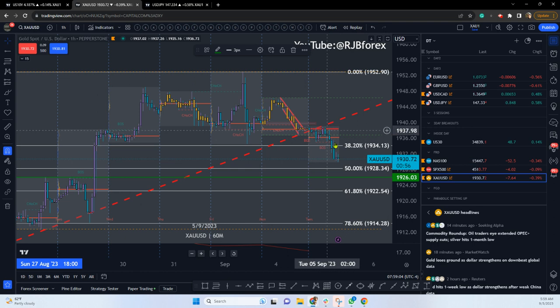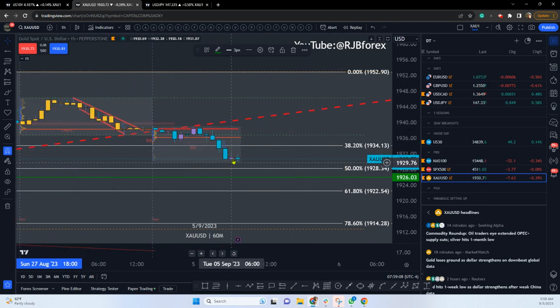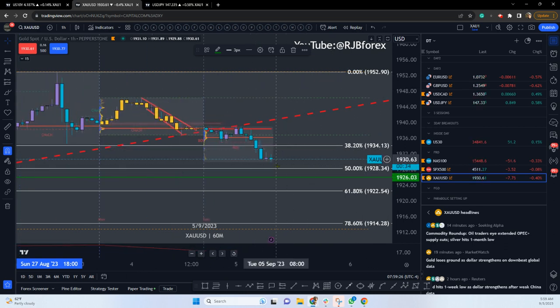So it looks like there's some more room to go. We've got this candle here that could be engulfed in the next hour or two leading into the Wall Street Open. And if that were to be the case, then if we get down to here, then I'll be looking for a squeeze to the upside. Could be an explosive move on Wall Street. We'll have to monitor these next 2 hours or so.